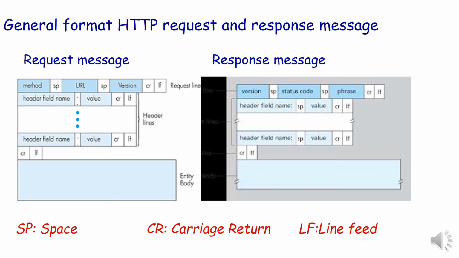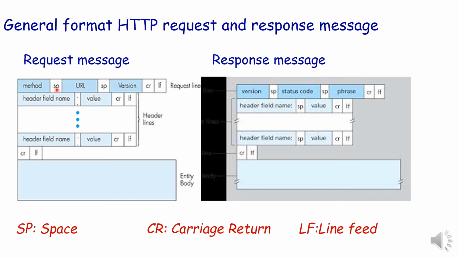Such codes are sent back to the client from the server. The phrase means the sentence associated with the status code, that is 404 followed by the message, page not found, then a set of header fields, then the actual body of the message. So every request and response message runs from client to server and back in this pattern only. This is the general format of request and response messages.